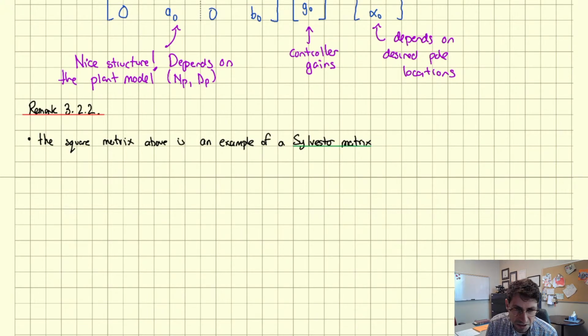Okay, that's just a factoid, if you will. And I mentioned, if you're more interested in that, you can see Appendix 3A, if you're kind of interested in how that matrix is related to polynomials and so on.